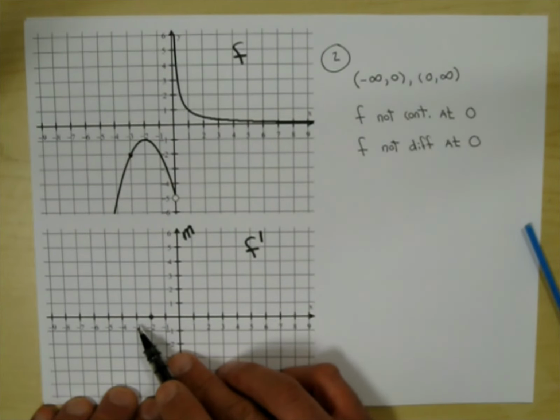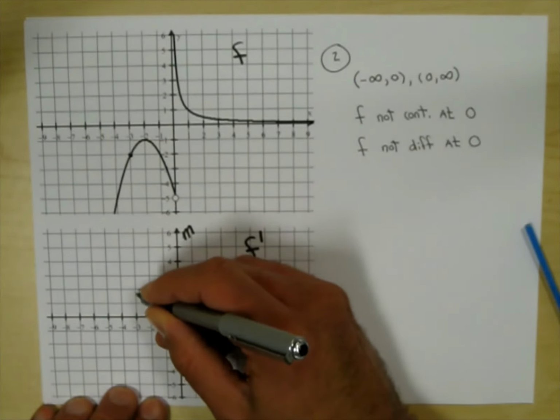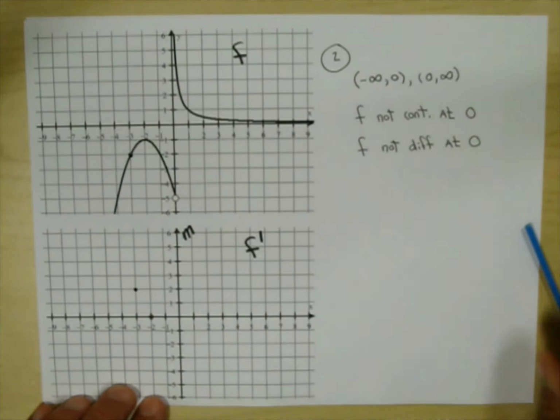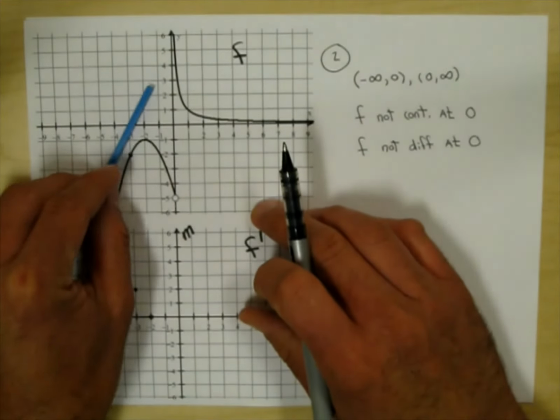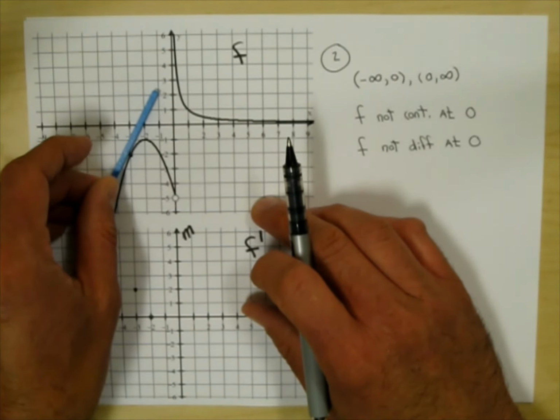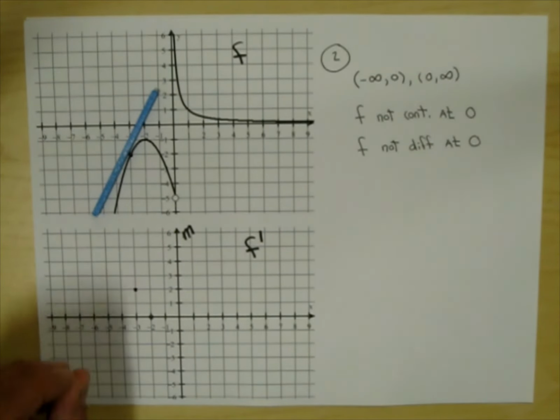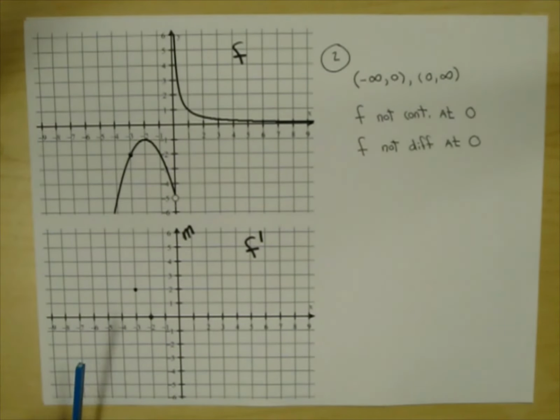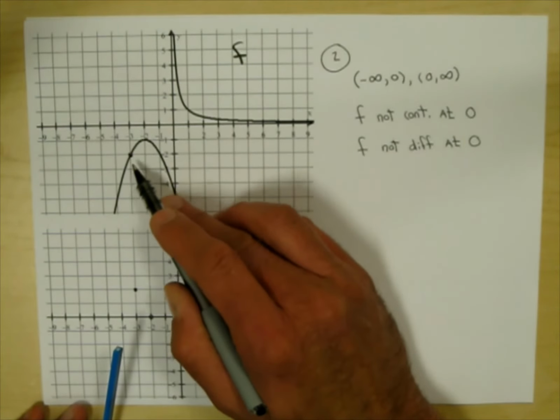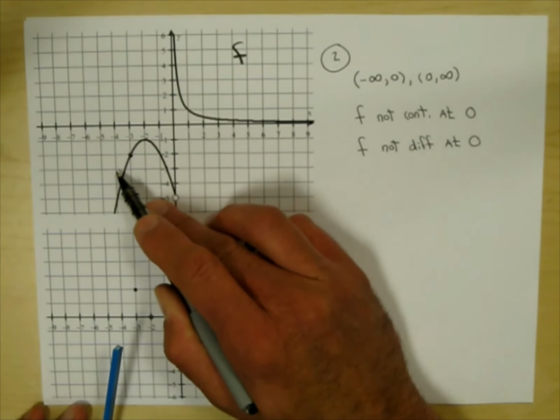So at negative 3, the slope is 2. And if you're kind of confused, like, where did this come from? 2 tells you the slope. Look, here at negative 3, the tangent line has slope 2.